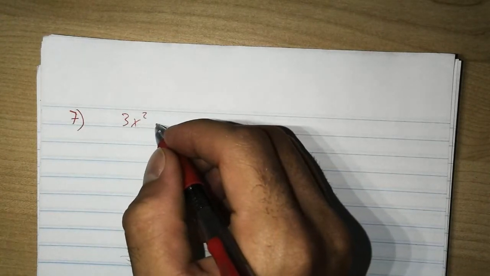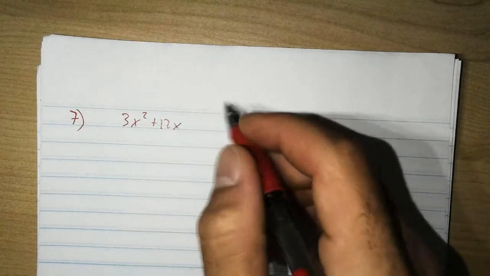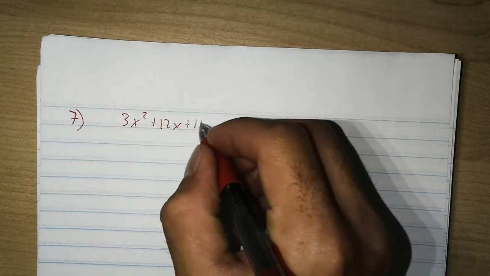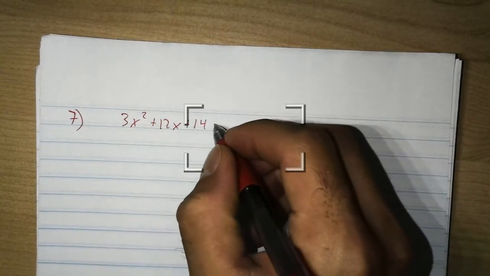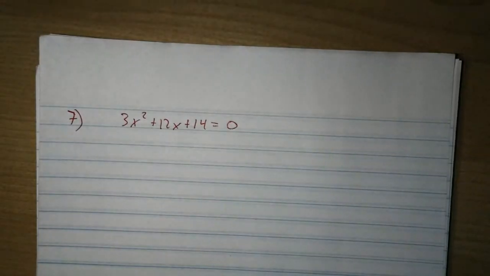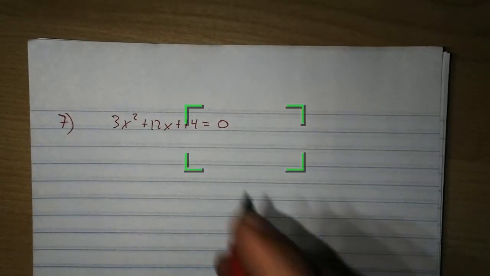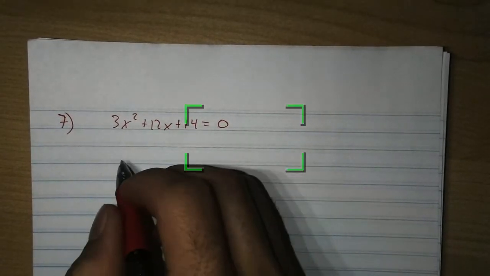Number 7. 3x squared plus 12x plus 14 equals 0. Alright, so do the quadratic formula.